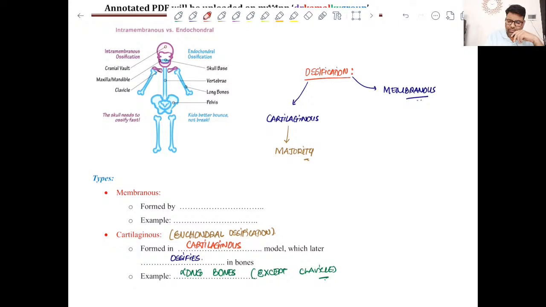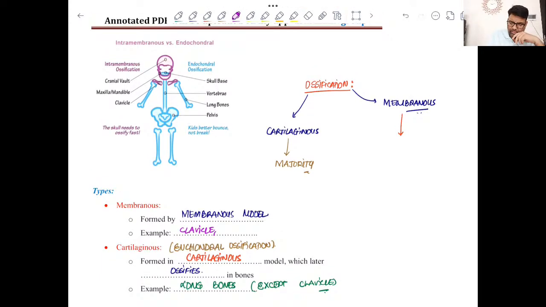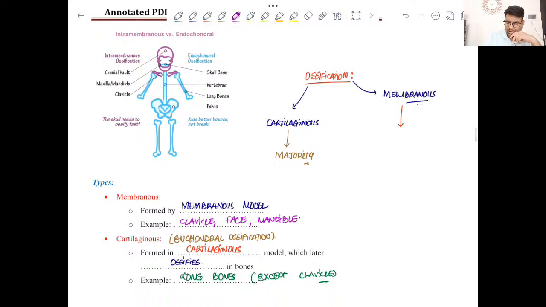The other model is where the membranes will ossify. So this is intramembranous ossification, in a membranous model. Here one example is, of course, you can write clavicle, and then you can see the skull, bones of the face, then mandible and skull, right?